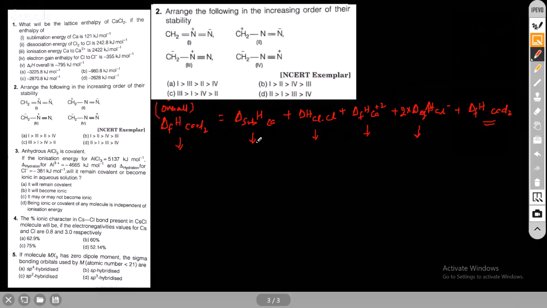See, I have discussed this. There are 7-8 cases for the stability of resonating structure. Do you remember that? I have discussed 3-4 cases of resonating structure. What was the first case? What was the first case? What will we see first of all? What is the first condition we'll apply?